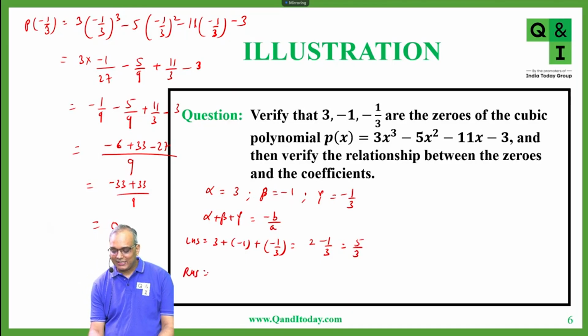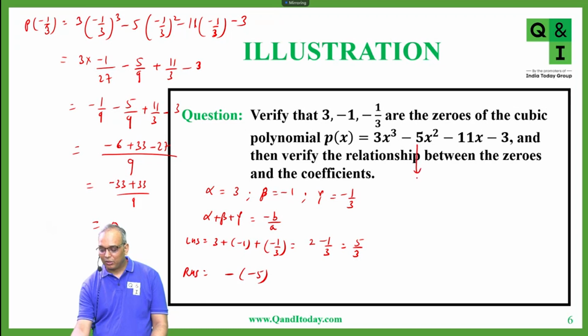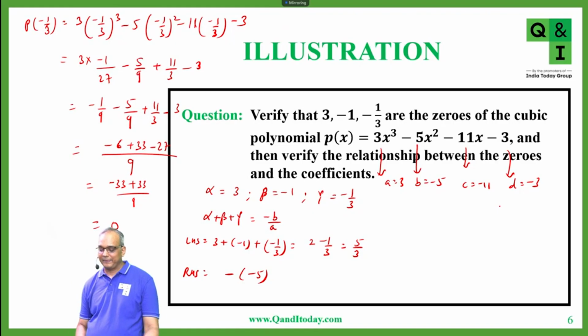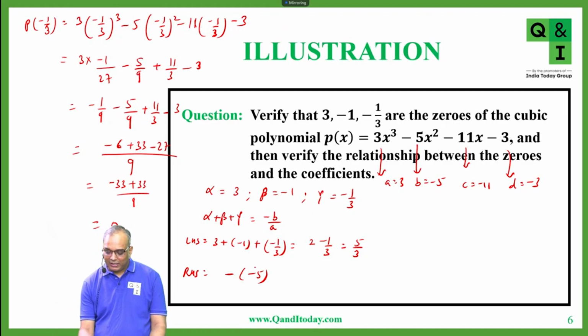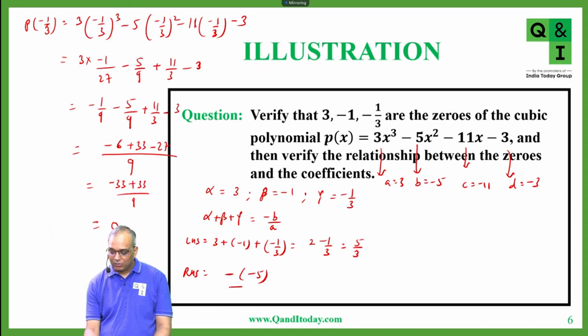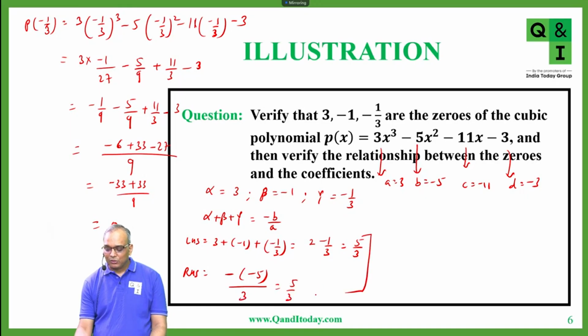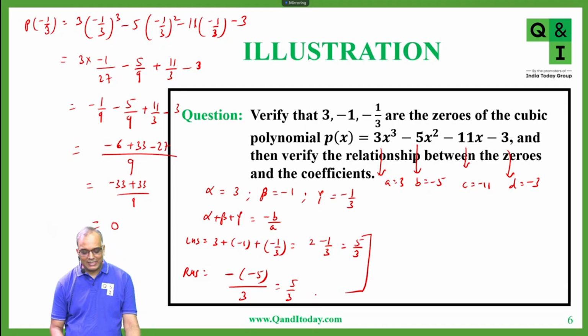Now the RHS is minus b by a, so minus of minus 5, because b is minus 5. Here we have a equal to 3, c equal to minus 11, and d equal to minus 3. So negative of negative 5 over a, which is 3, which is again 5 by 3. Since LHS is equal to RHS, this is verified.